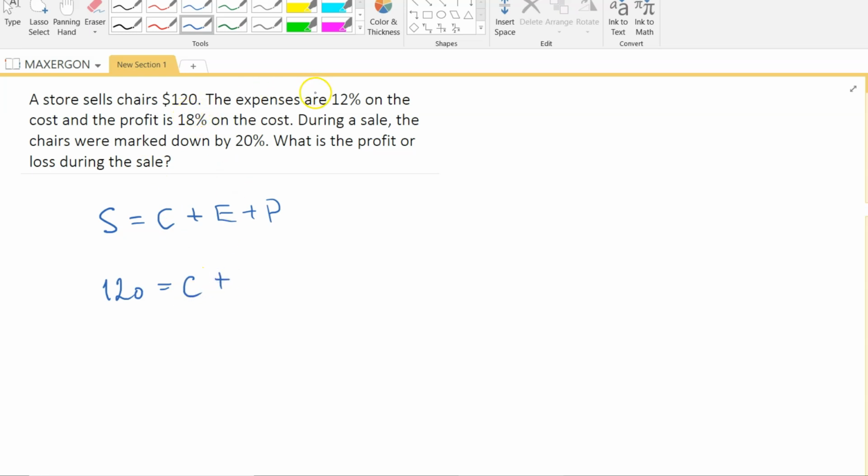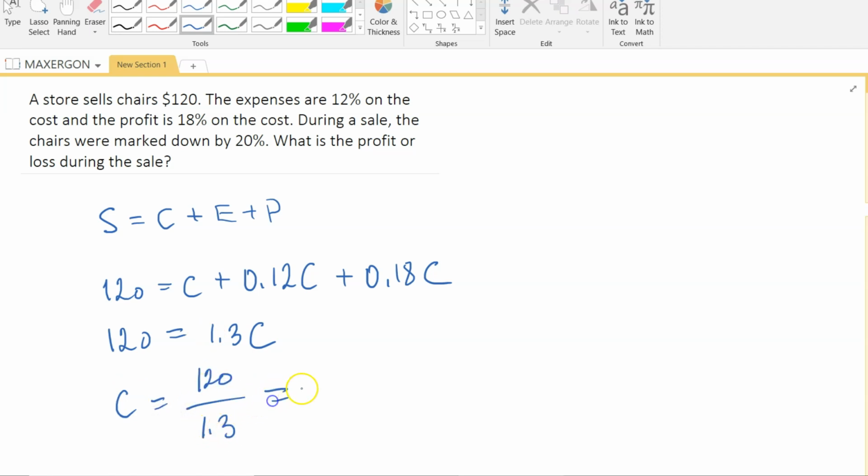The expense is 12% on the cost, so 0.12 times C plus profit is 18% on cost, 0.18 times C. $120 is thus 1.3 C. So we factor out C. What we have is 1 plus 0.12 plus 0.18. It's 1.3. C from here is 120 divided by 1.3, which is 92.31. So $92.31 is the cost.